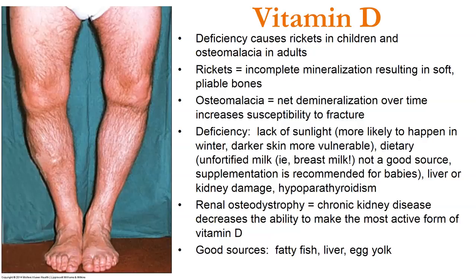Because both the liver and the kidney are required to convert vitamin D to the active form, right? Okay. Hyperparathyroidism will also cause a vitamin D deficiency because that's required to stimulate the formation of the active form of vitamin D. So you can get renal osteodystrophy.